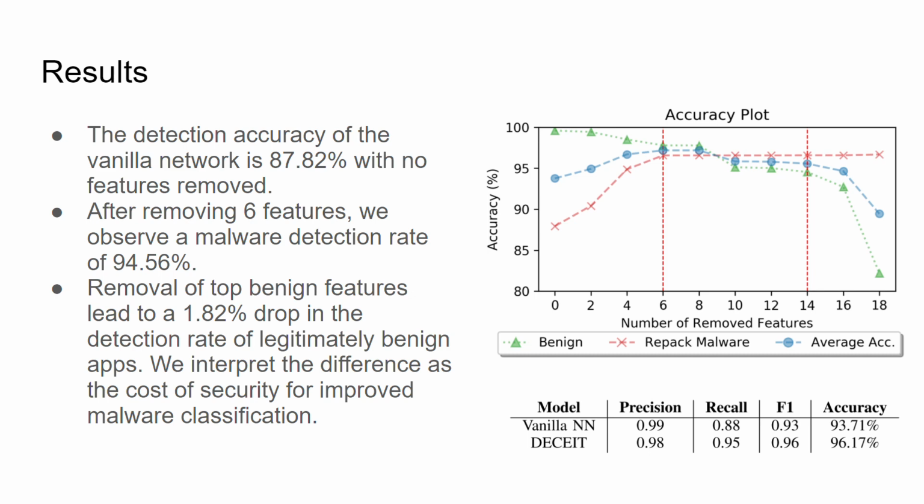However, after removing 6 features, we see that the malware detection rate goes up to 94.56%. At the same time, we also notice that the detection rate of benign apps decreases by 1.82%. We interpret the difference as the cost of security for improved malware classification. Ultimately, we had an average accuracy of 96.17% with DECEIT.